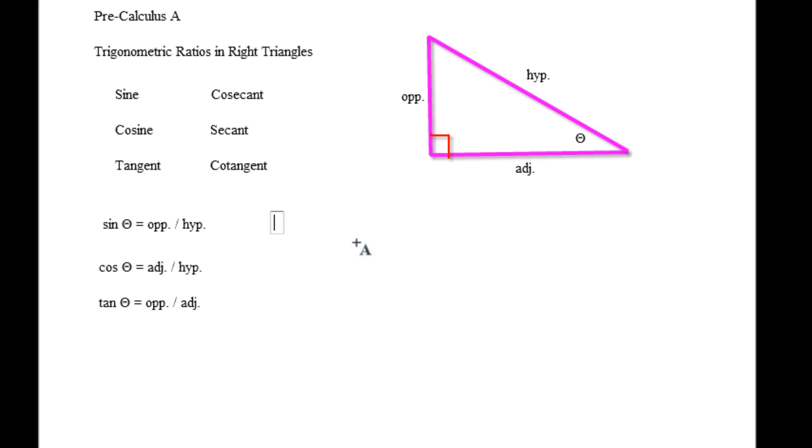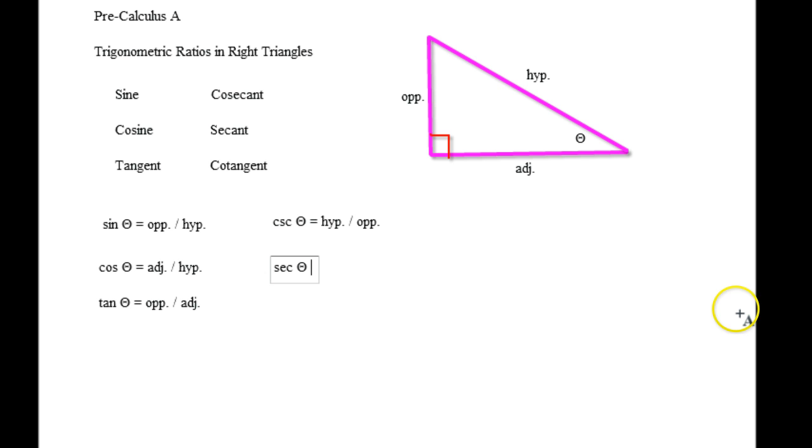Now the cool thing is that cosecant, which is spelled like this, pretty easy, CSC, is just going to be the reciprocal of sine, so it's going to be the hypotenuse divided by the opposite side. Okay, and secant is going to be spelled SEC.